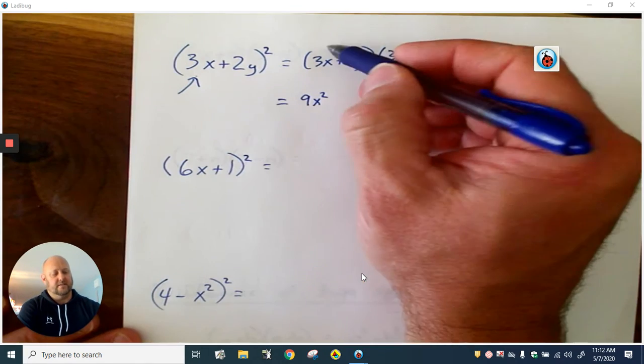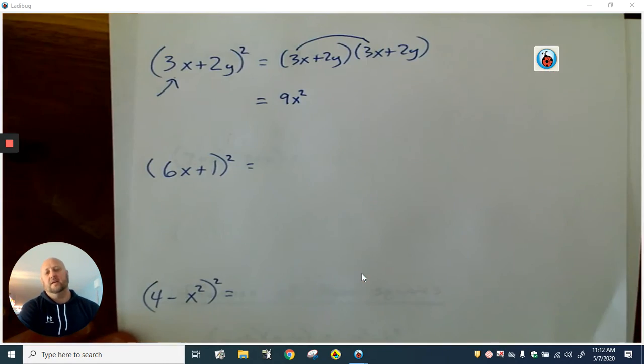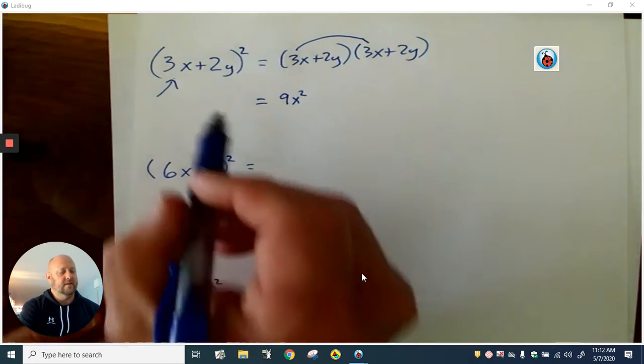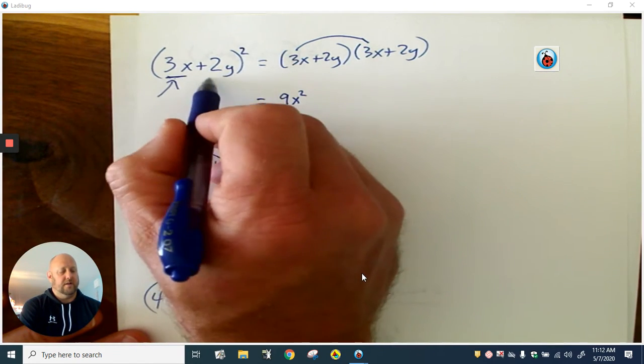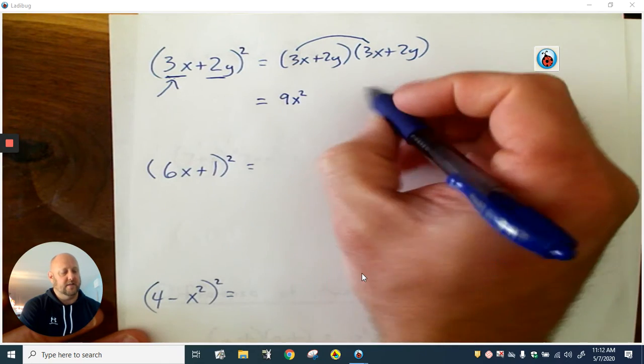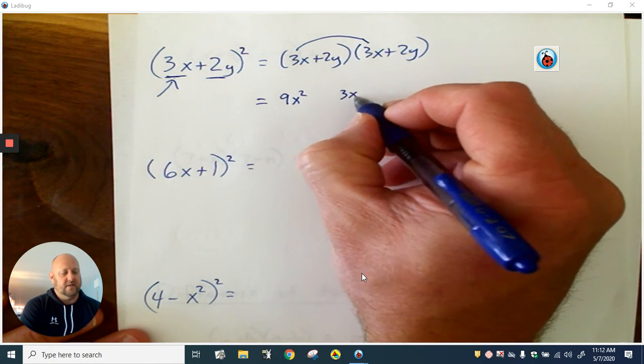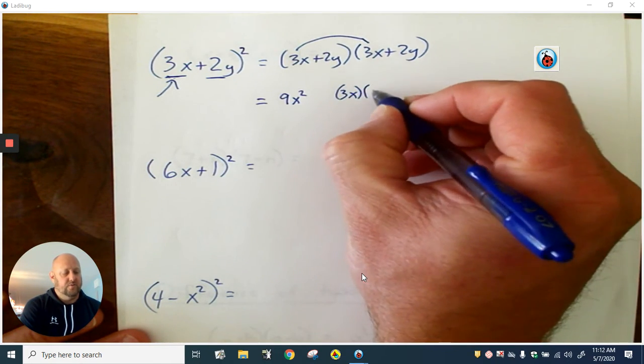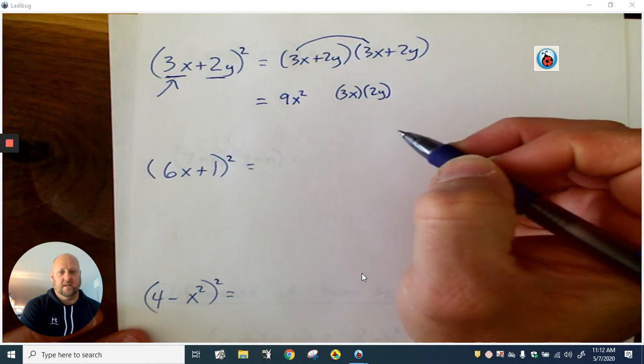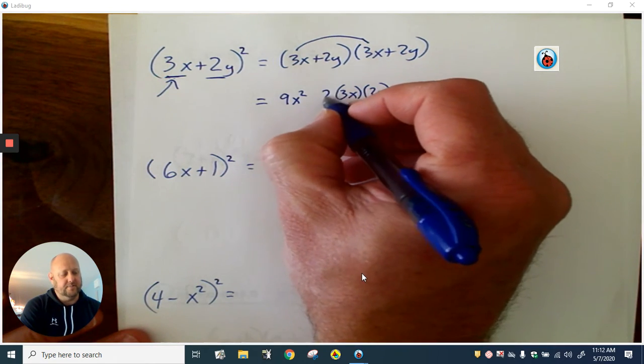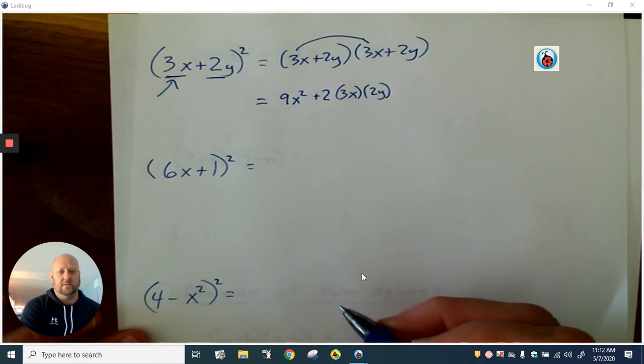Okay, and yes, that's exactly what you would get if you multiplied 3x times 3x. Then you multiply these two things together. You take the 3x and the 2y, multiply those together, and then you times it by 2. That's how we're going to get our middle term.